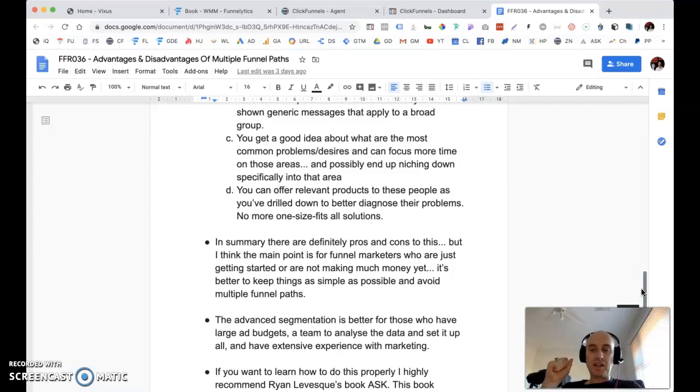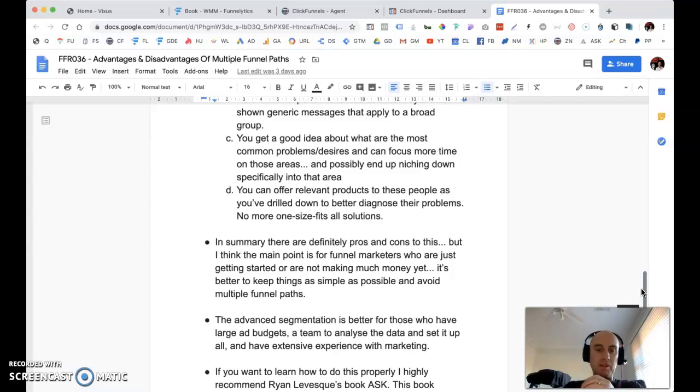Because obviously, a 25-year-old male is going to have different health issues to a 7-year-old female, for example. And if you're speaking to both of those people with the same message, offering them the same product, then it's not going to speak to their needs as well as a product created specifically for them.